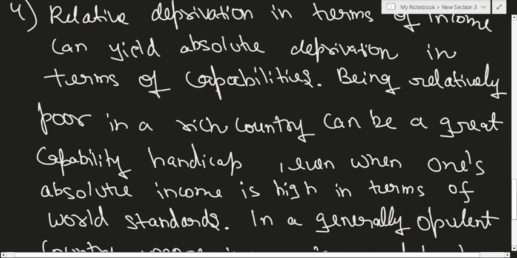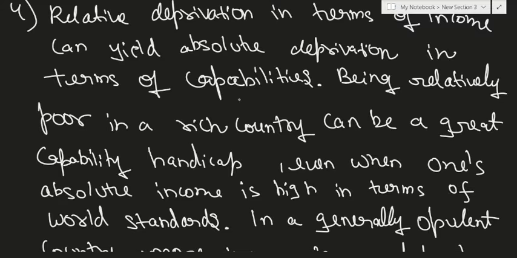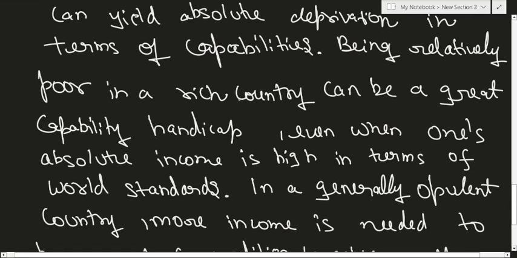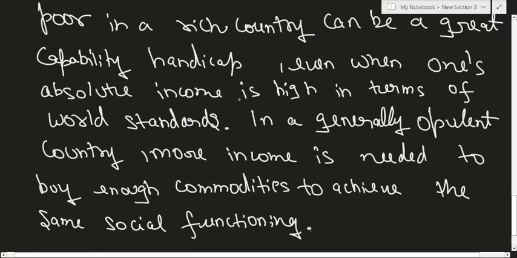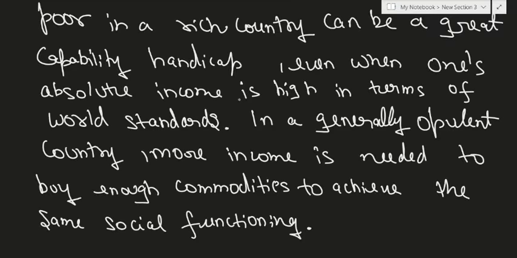If you are living in a rich country but are relatively poor, even though your income is close to world income levels, that can also be capability deprivation, because you would require more income to buy enough commodities and achieve the same level of social standards in society.